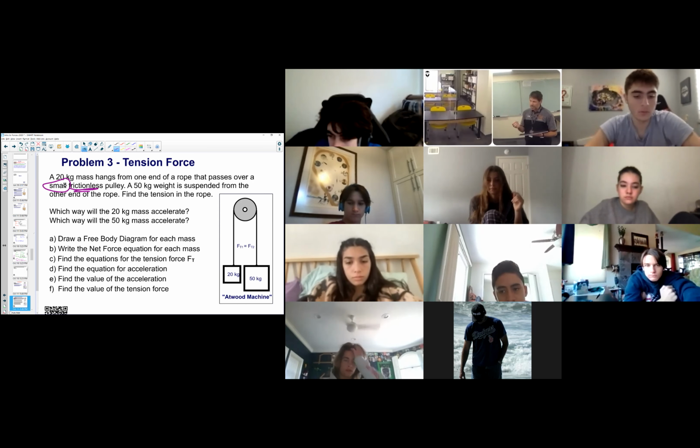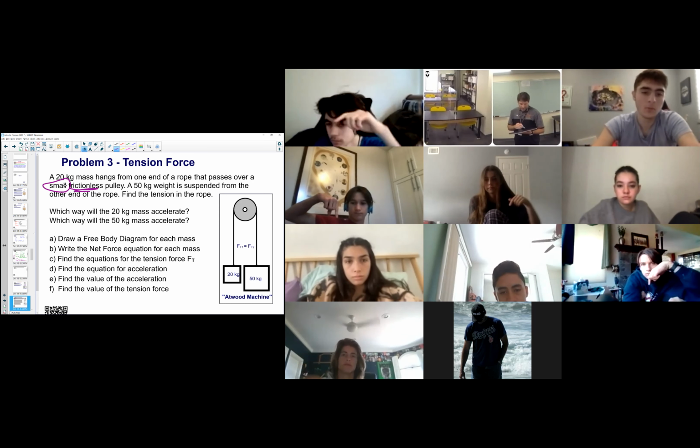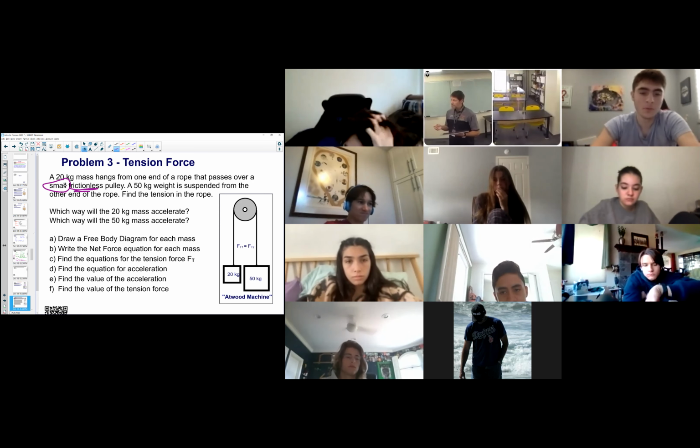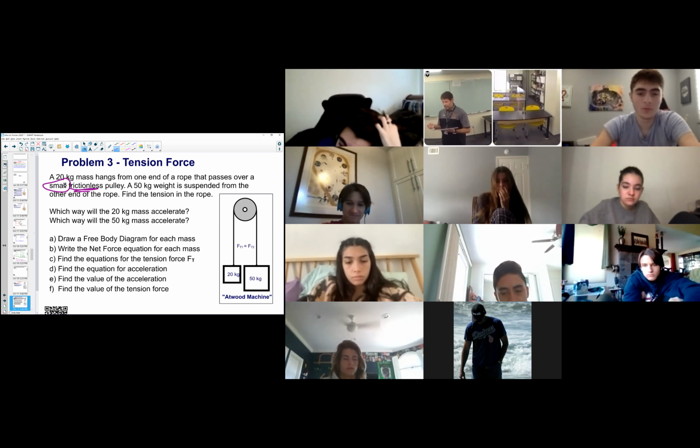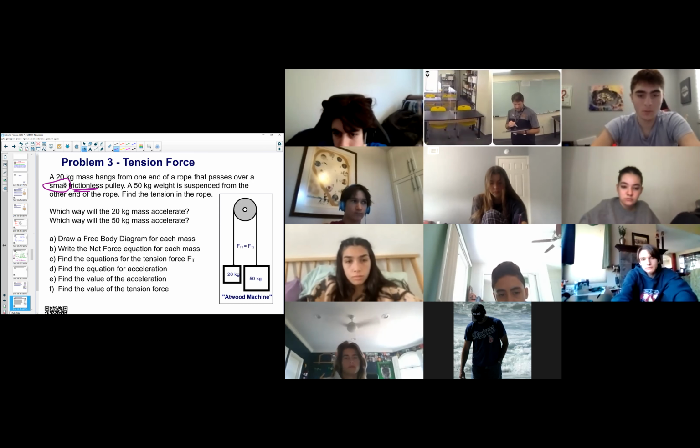Which way will the 50 kilogram mass accelerate? Down, okay, good. The first thing we're going to do is draw free body diagrams for each mass, and that's the key on an Atwood machine: at times at least, you need to think about each side separately. Write the net force equation for each, find the equations for tension force, find the equation for the acceleration, find the value for the acceleration, and then find the value for the tension force.